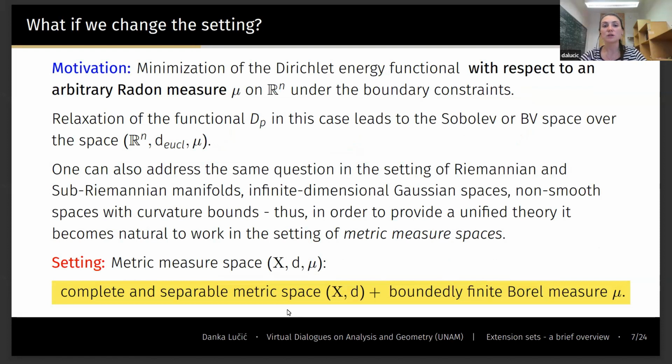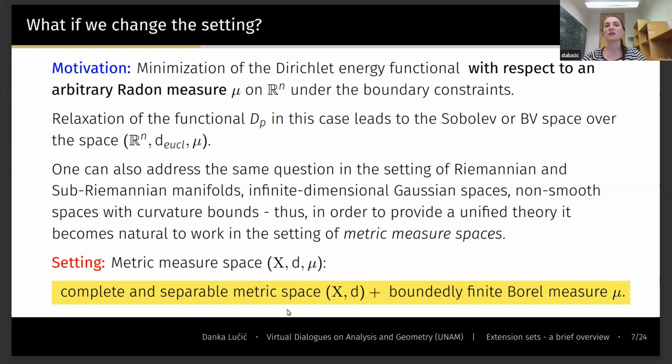Why is this so? Let's do a concrete example. For instance, our domain can be thought of as a material whose conductivity is given by the measure mu.